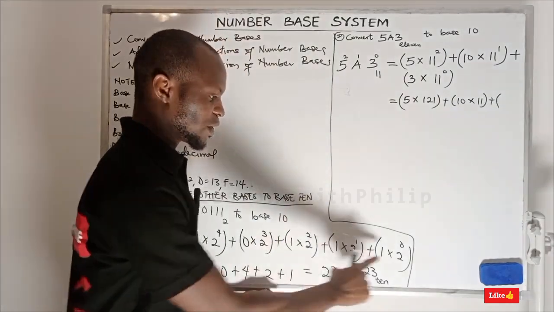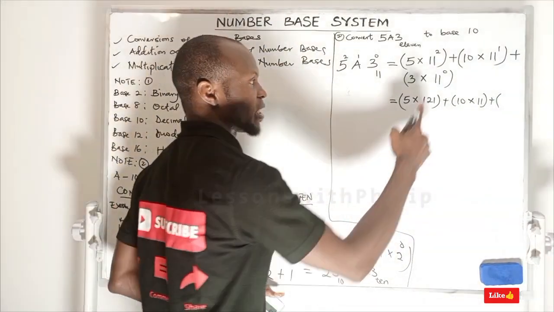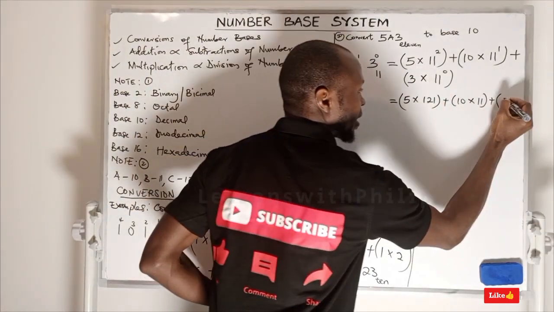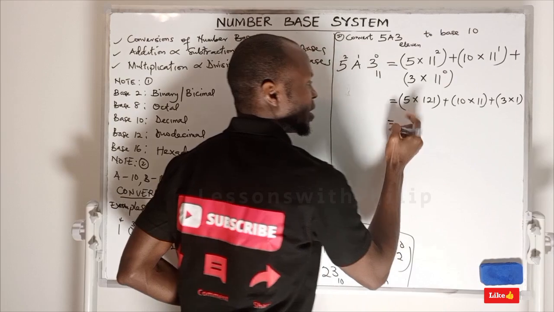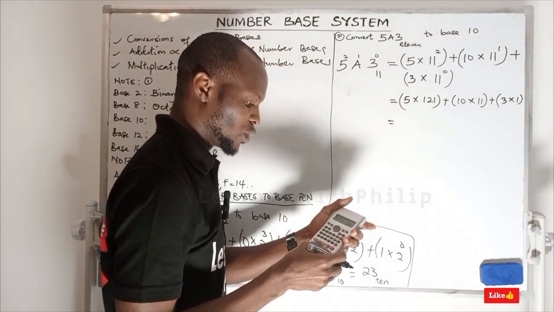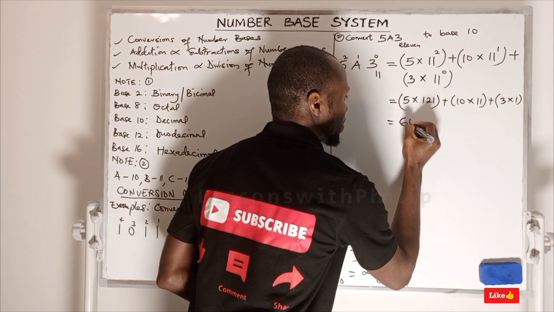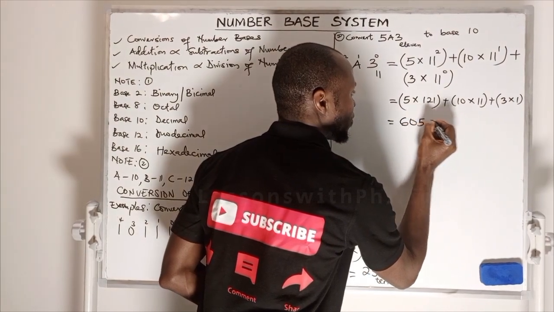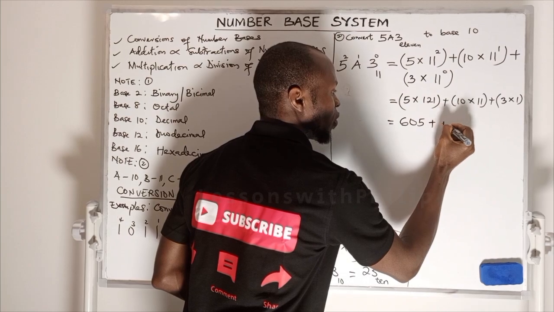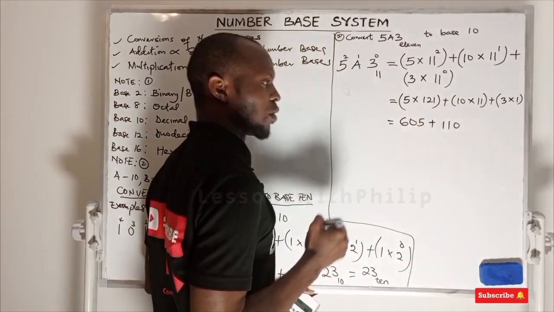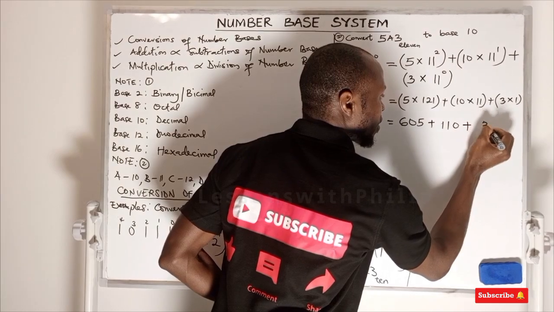Don't forget, anything raised to power 0 will remain 1. That will be 3 times 1. Automatically, 5 times 121 will give us 605. 605 plus 10 times 11 will give us 110. Okay? Now, 3 times 1 will give me 3.